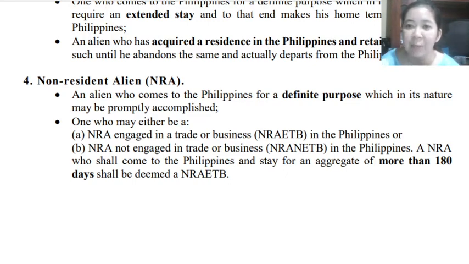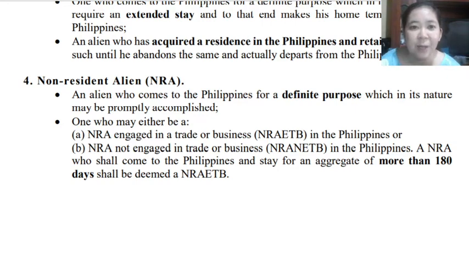So he will not stay here for most of the taxable year. Later on, we will see how many days we consider a foreigner to be a non-resident alien.